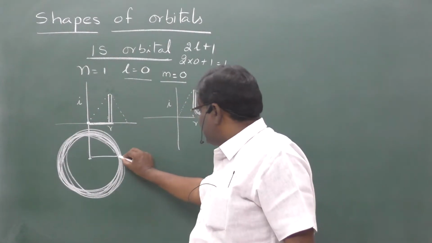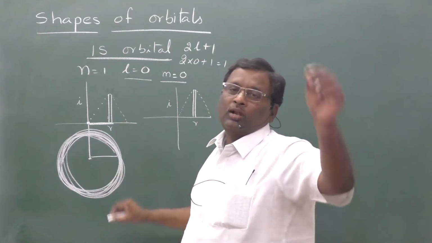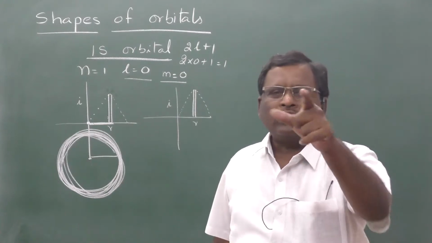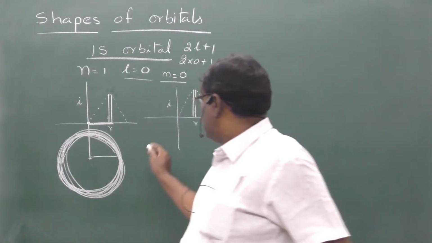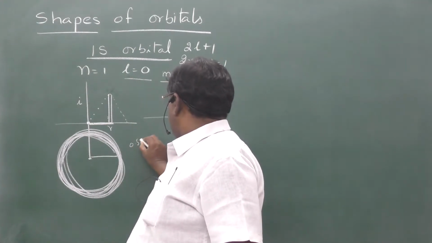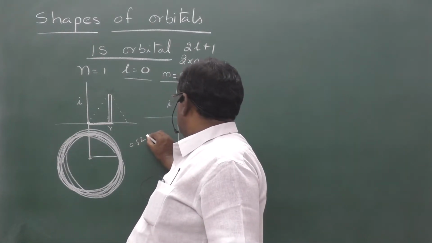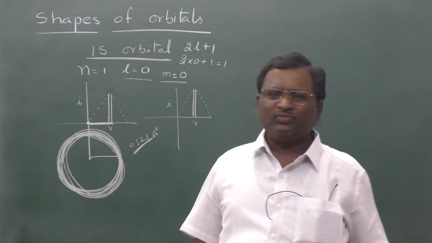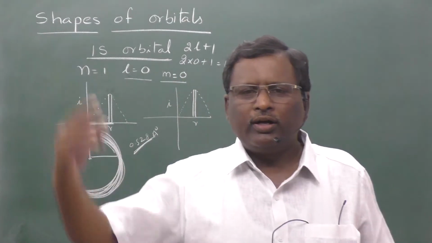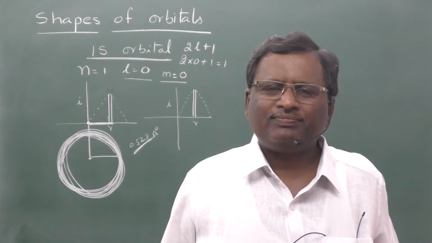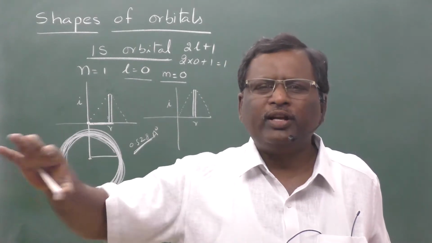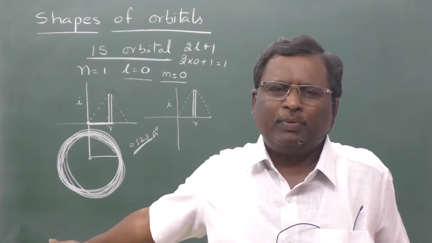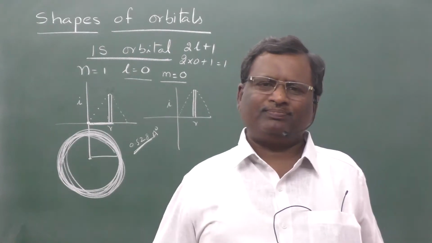This radius is almost equal to Bohr's radius of the hydrogen atom, that is 0.529 angstroms, 5.29 into 10 to the power minus 9 centimeters, approximately equal to Bohr's radius. This is the shape of the 1s orbital.